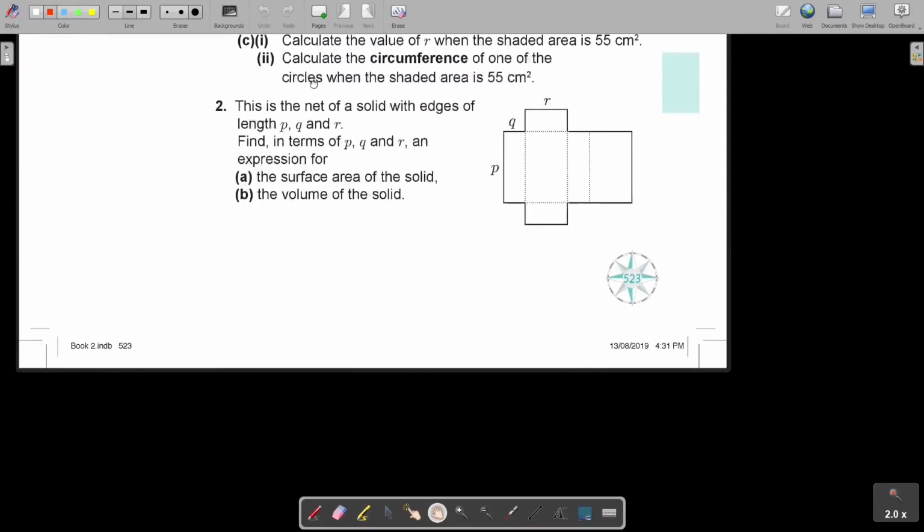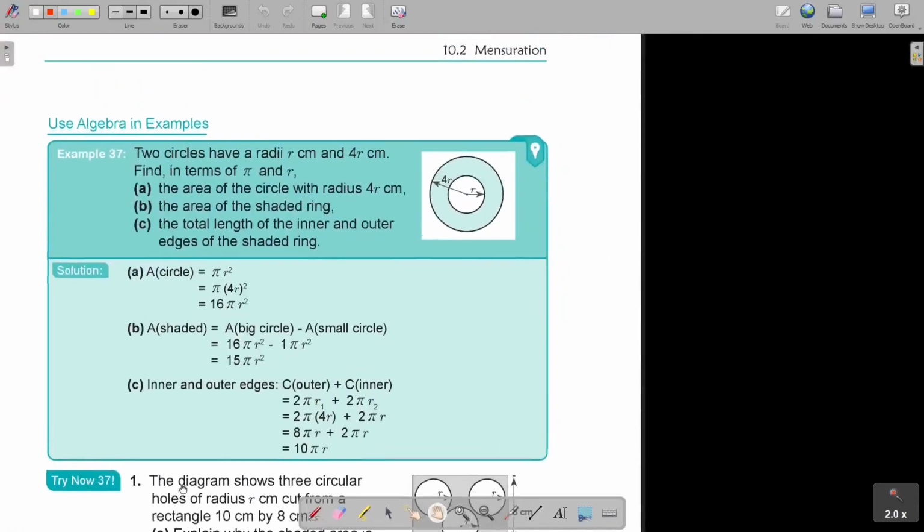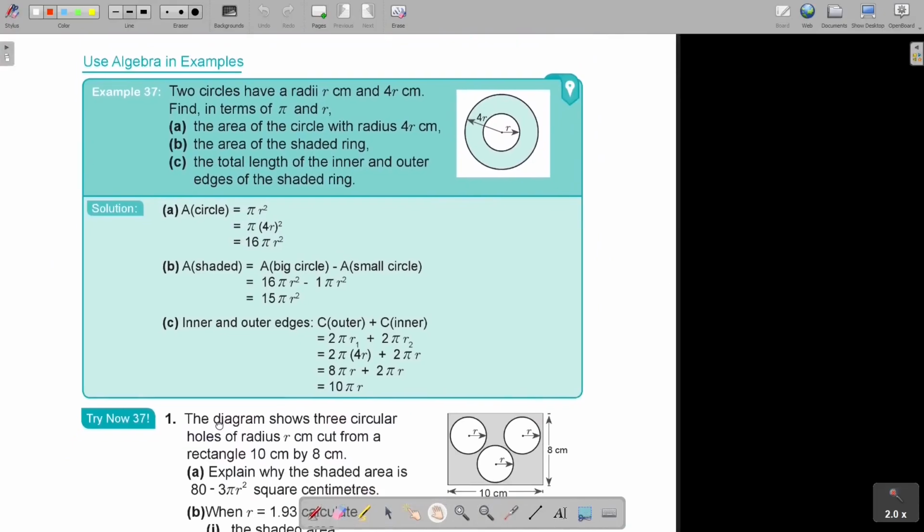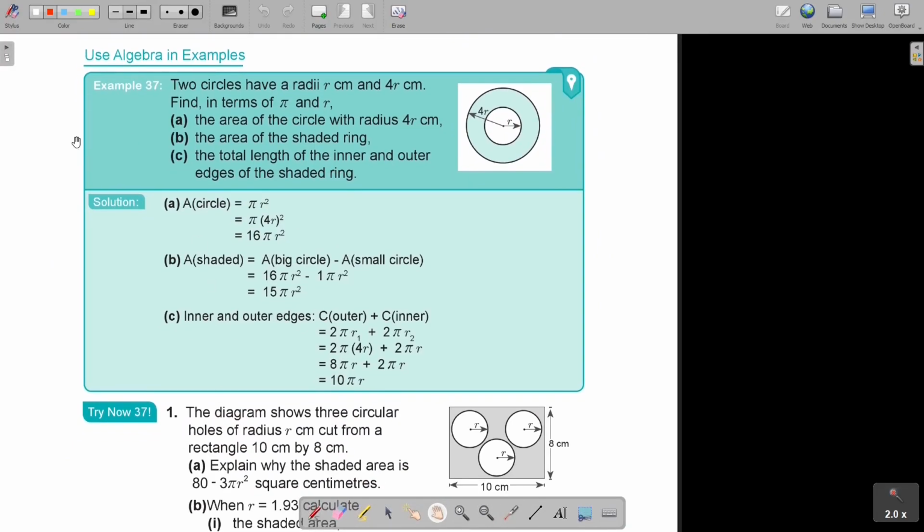So if you look in the textbook on page 523, part 2, book 2, and this is in mensuration, chapter 10. Now, this is a far more difficult example, but I just want you to take note of the principle. So the principle is here, it's 2 circles. So there's also the formula for the area of a circle, pi r squared.